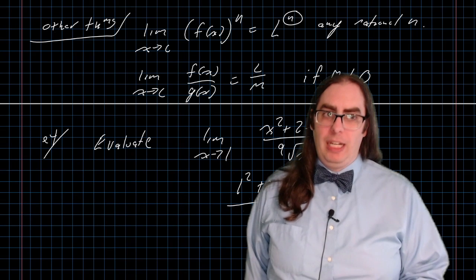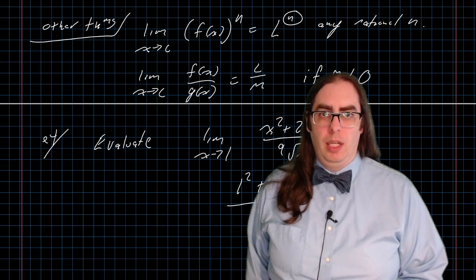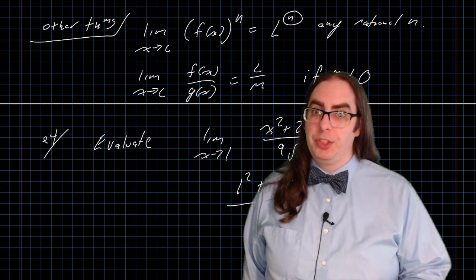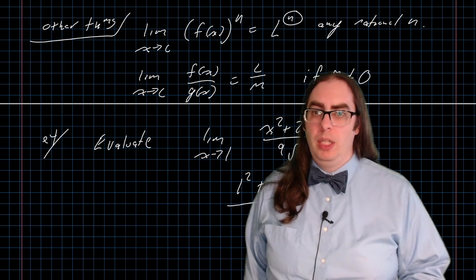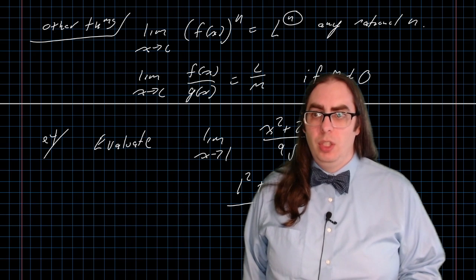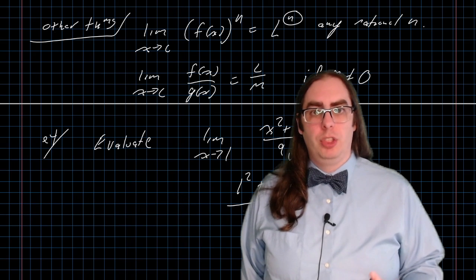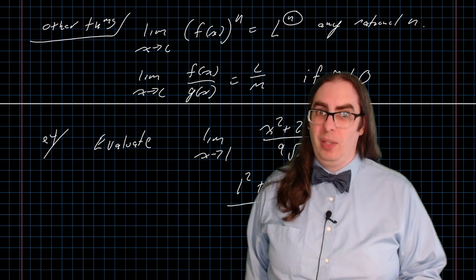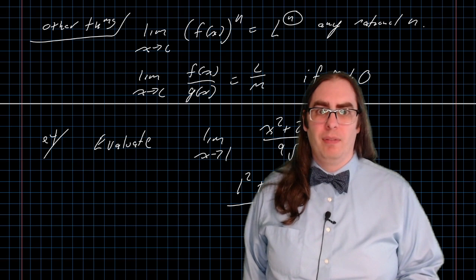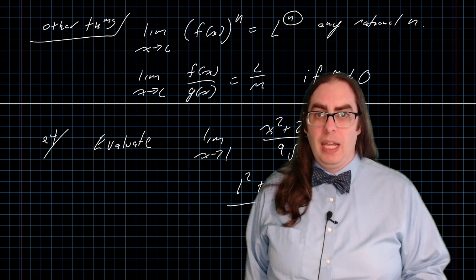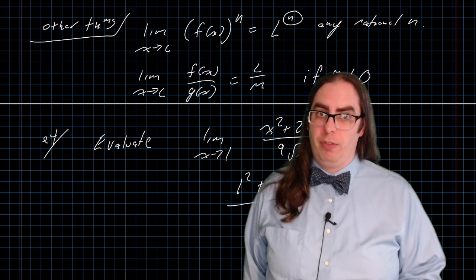But whenever we have a polynomial function, a rational function when the denominator is not 0, and a radical function where the square root or whatever root is actually defined, everything works well, and limits are just a clunky way of saying evaluate the function. It was a long way to go to get there, but we have gotten there. In the next couple of videos, I'm going to be showing you how to use this to your advantage. And I'm going to be looking at the places where it's going to fall apart.